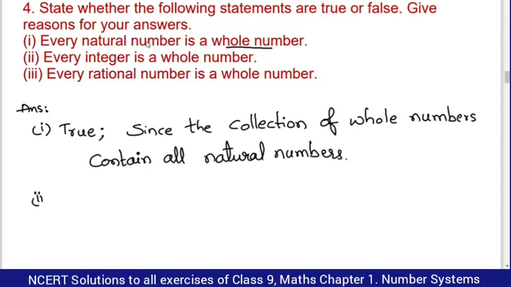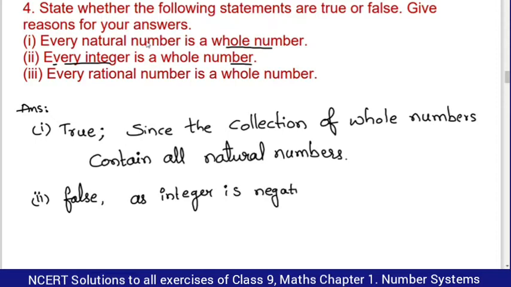Second one, every integer is a whole number, it is false, because an integer can be negative, but whole numbers are positive.